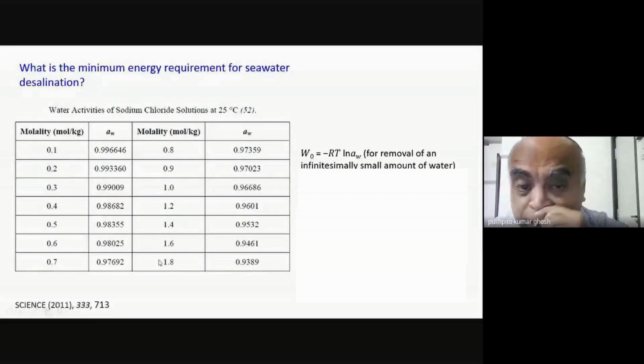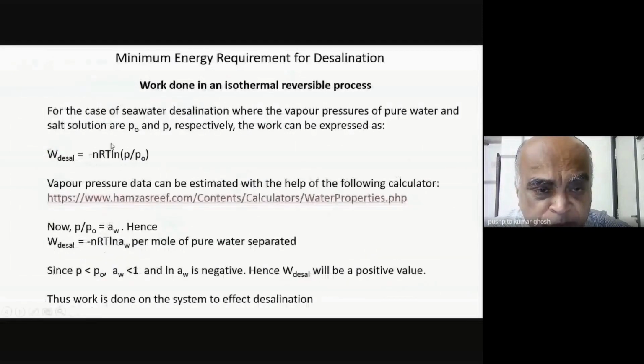So obviously, if I'm trying to produce water, and the resultant reject water that I get has a very high TDS, then naturally I will require to do more work to carry that out.